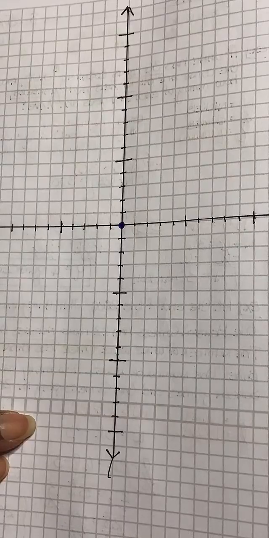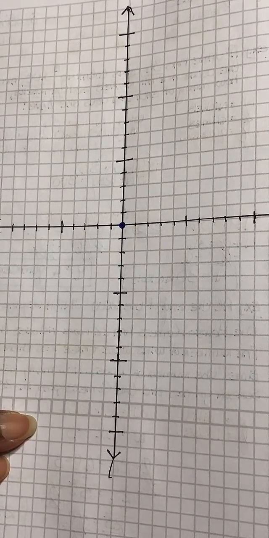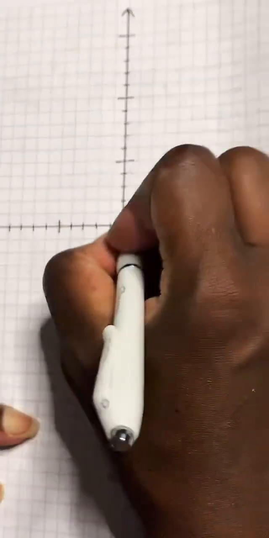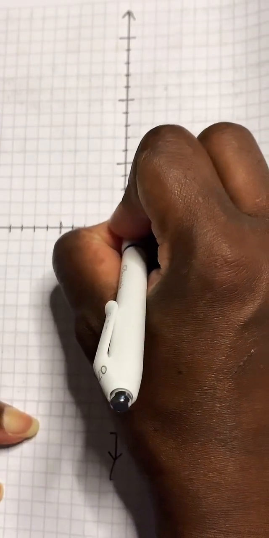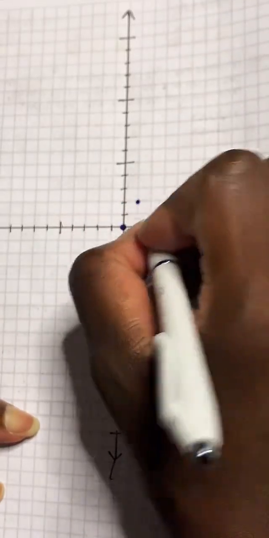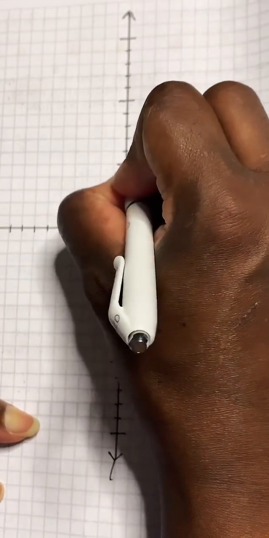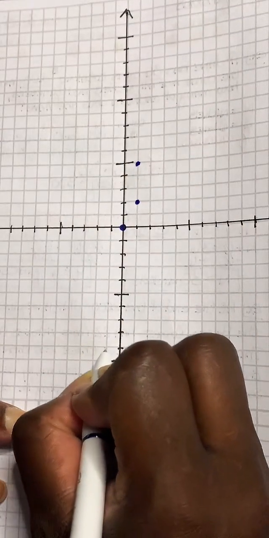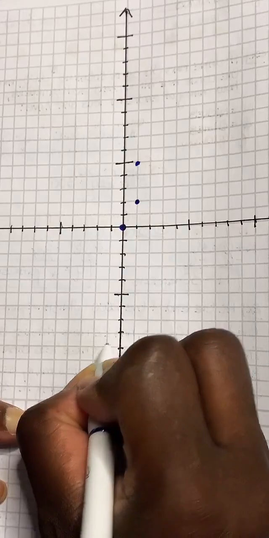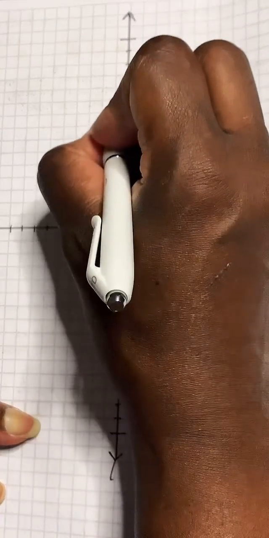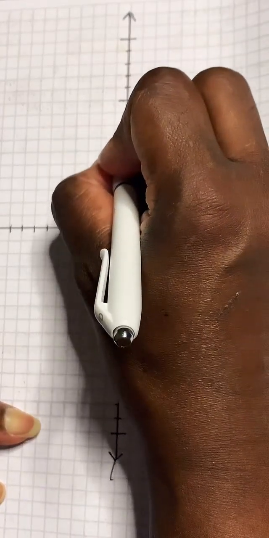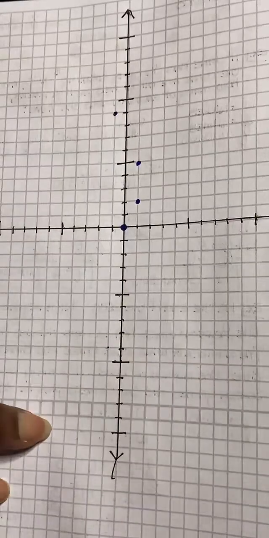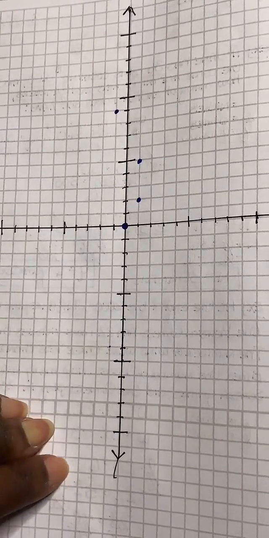We're talking about domain, range, vertical line test. Okay, vertical line test? Sure.